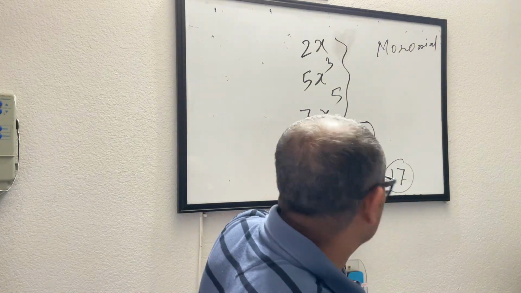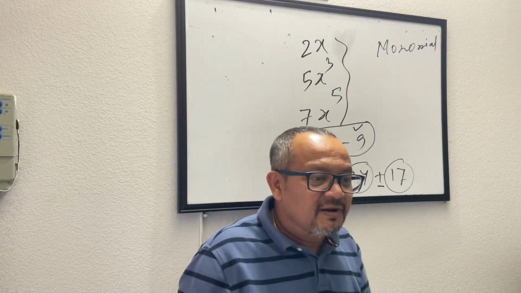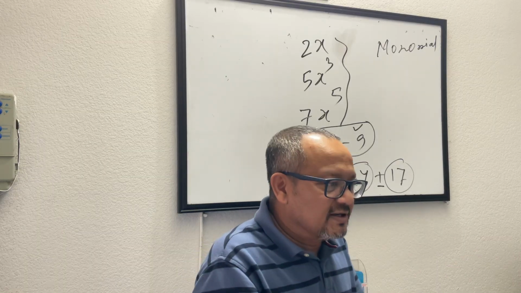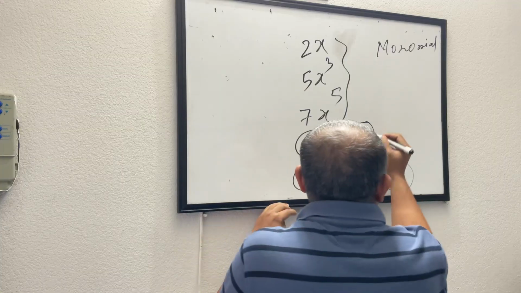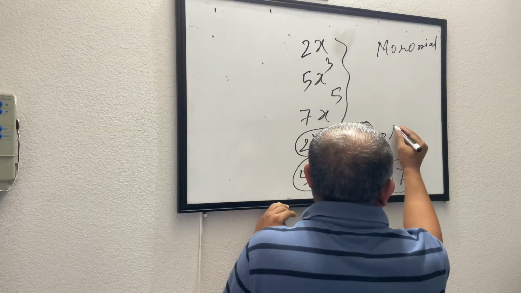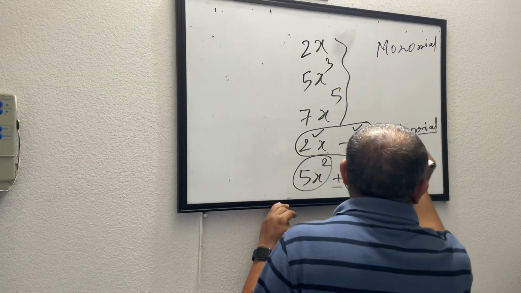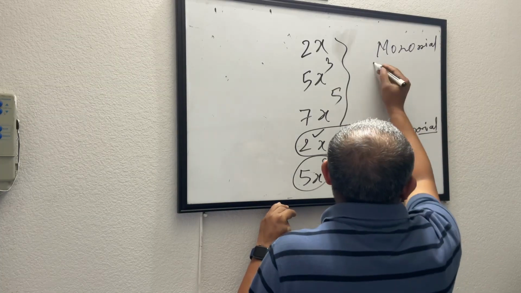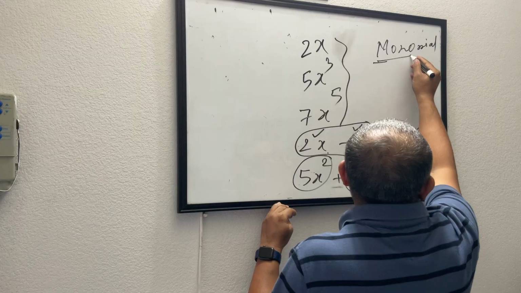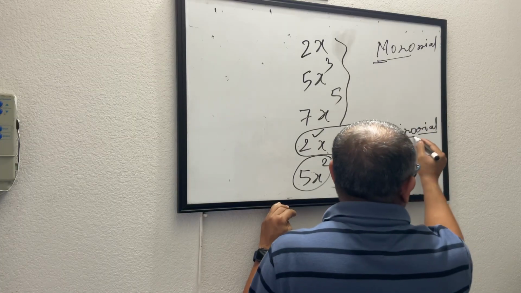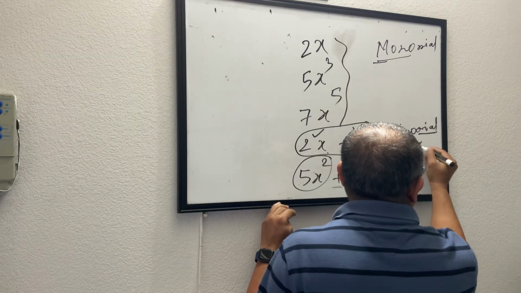Now here you have 2 terms. Like we say, we'll meet bi-weekly, every 2 weeks. So bi stands for 2 basically. So when you have 2 terms, it's called binomial. Mono is 1, bi is 2, binomial expression.